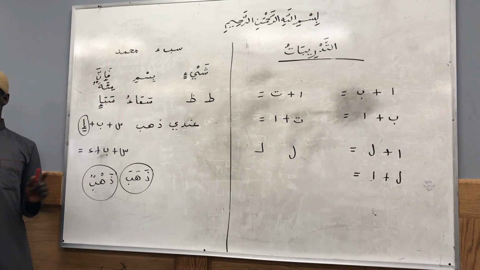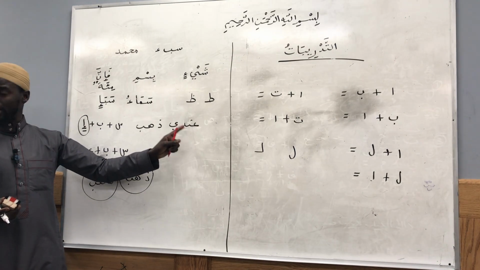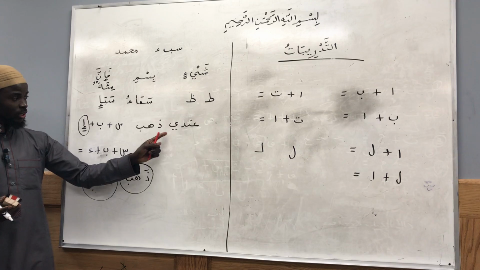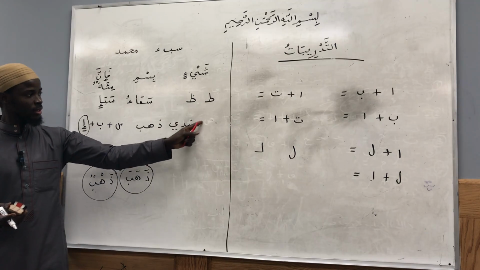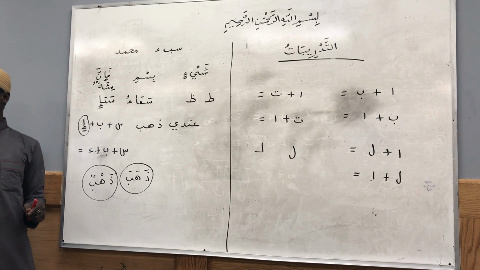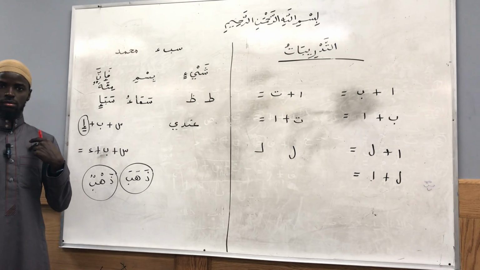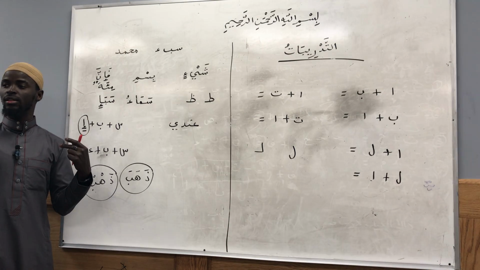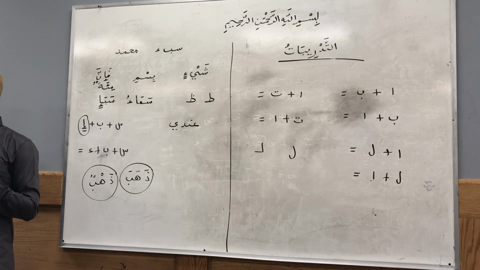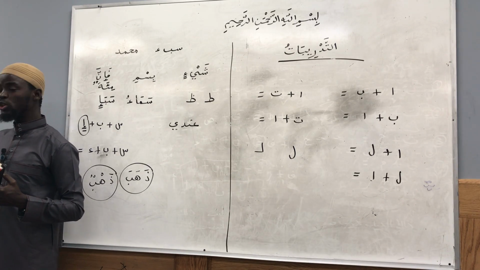Or if this one is alone, I have to look how they put it. This one is going to be indi, I have with me. Indi zahabun, I have gold. Indi qalamun, I have a pen. Indi kursiyun, I have a chair.